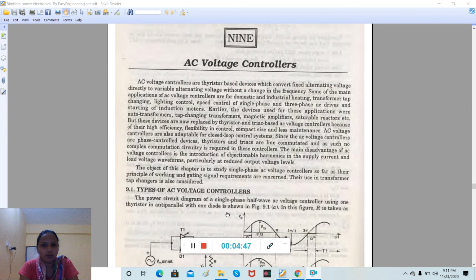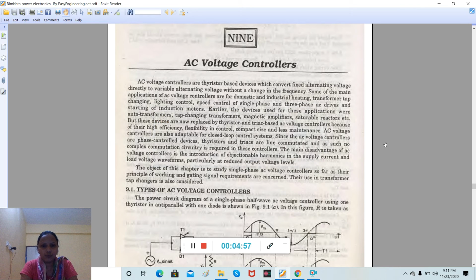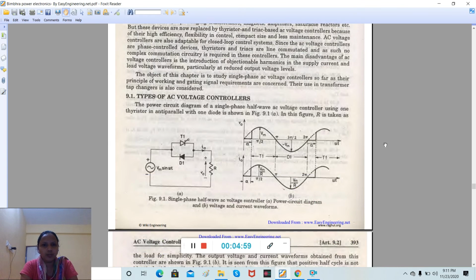First of all, we need to know the types of AC voltage controller. Here we will study the single phase half wave AC voltage controller and the single phase full wave AC voltage controller.